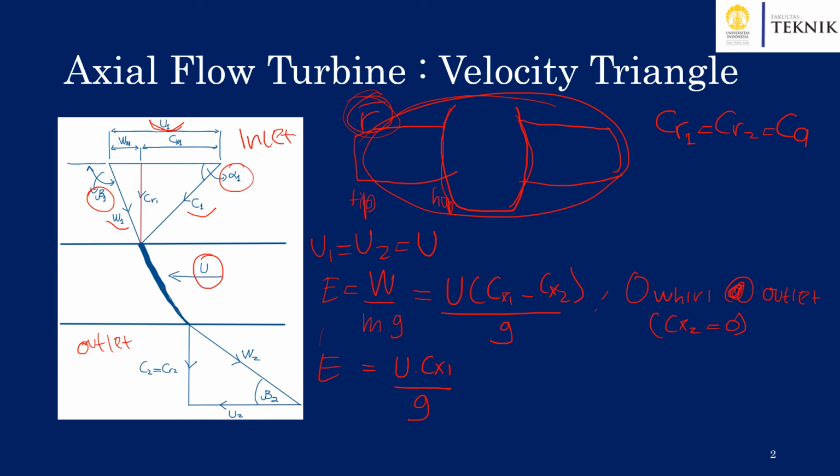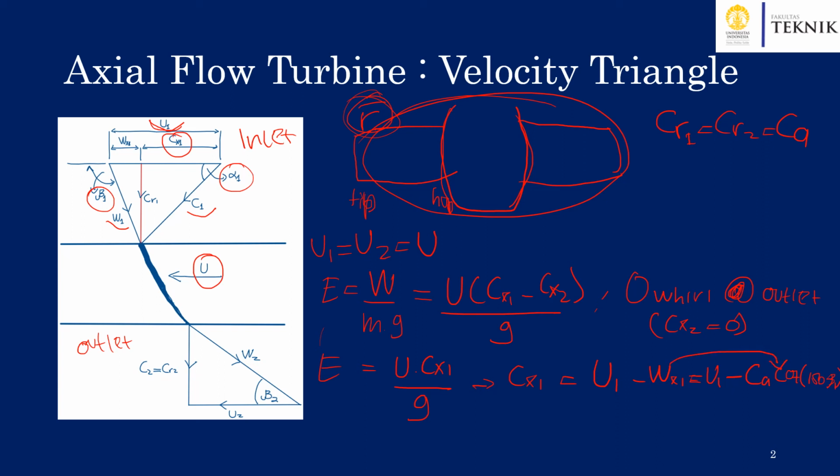Now let's have a look at the position of Cx1 here. So Cx1 is a function of U1 minus Wx1, or we can further elaborate that it is U1 minus Ca, or CR1 in this case, multiplied with the cotangent of 180 minus beta 1, and this is how we define Wx1.